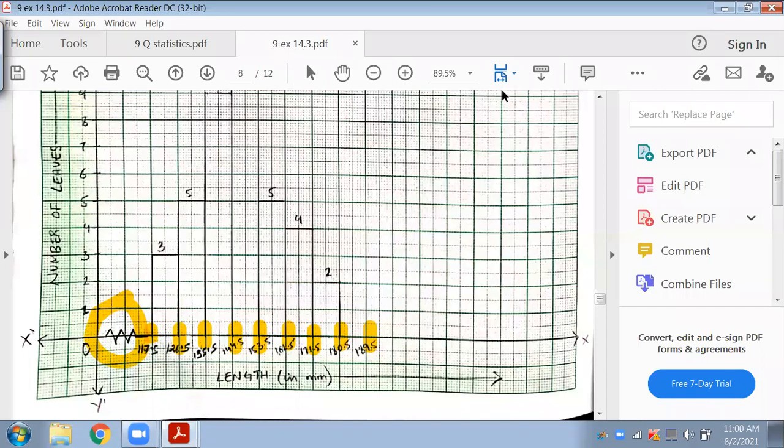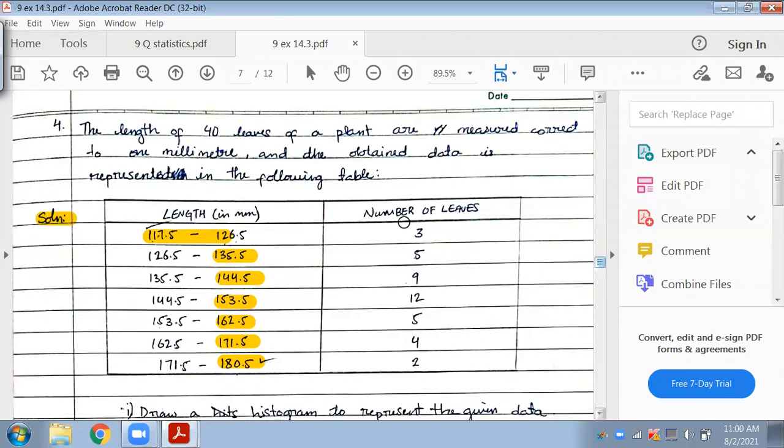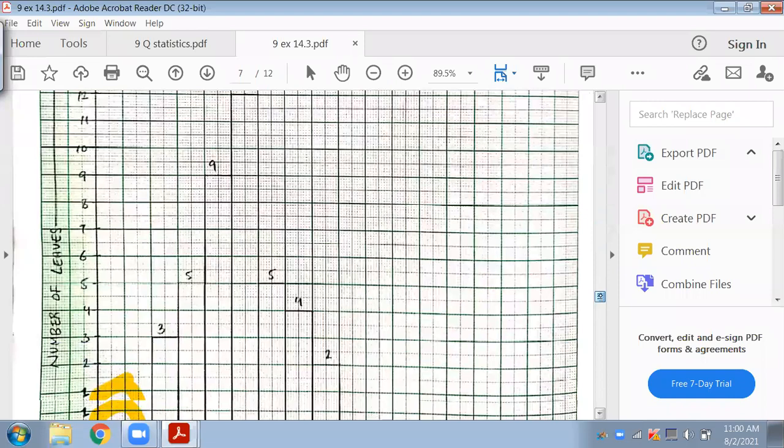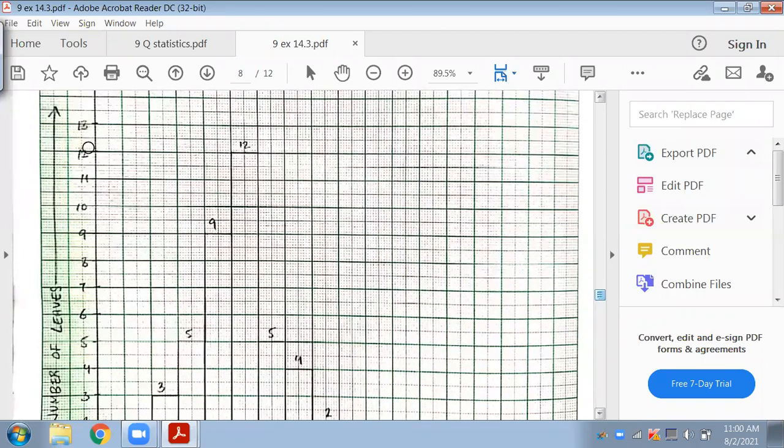And on the y-axis, what are you going to take? Your frequency is ranging from 2 to 12. The highest is 12. So along the y-axis, we can take 1 cm as 1. So 1, 2, 3, 4, 5, 6, 7, 8, 9, 10, 11, 12. Our highest is 12, but we'll take till 13.